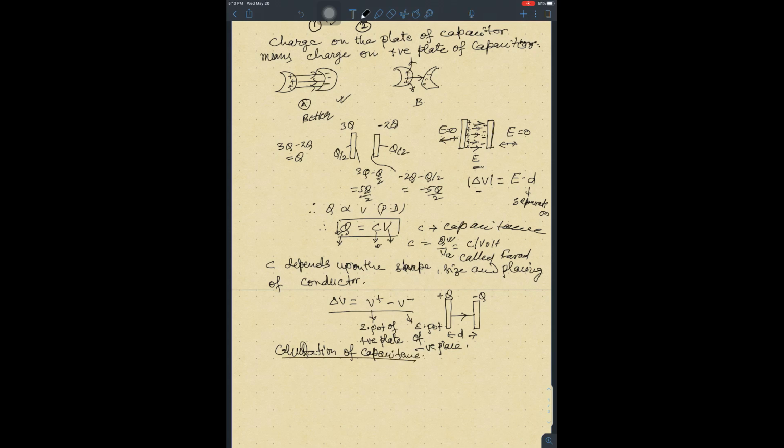In the process of calculation of capacitance, there are a few steps that we have to follow. What are those steps? First step: give plus Q and minus Q charge to the plates. Second step: find the electric field between the plates.